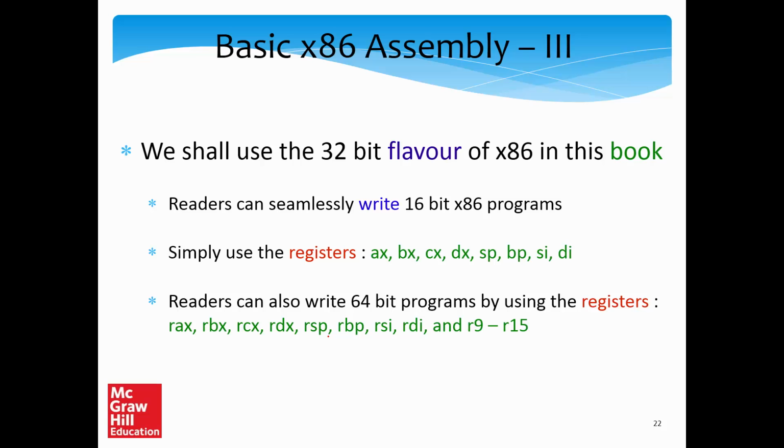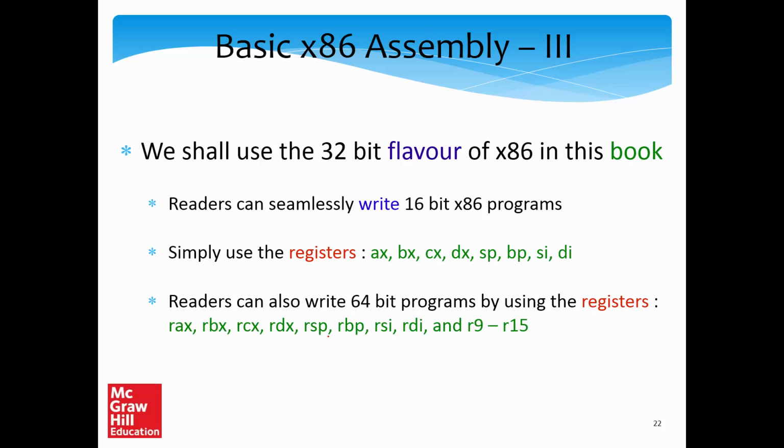What are some of the other rules? We shall use the 32-bit flavor of x86 in this lecture. The readers can seamlessly write 16-bit x86 programs, no difficulty at all. Simply use the registers AX, BX, CX, DX, SP, BP, SI and DI. All the programs that we write can easily be converted into 16-bit programs.